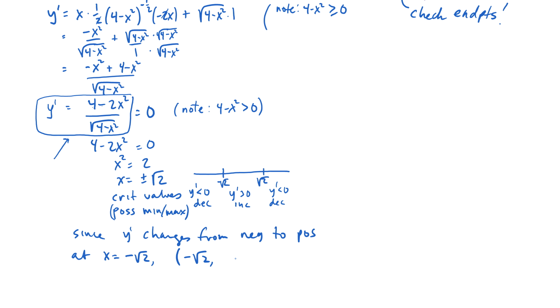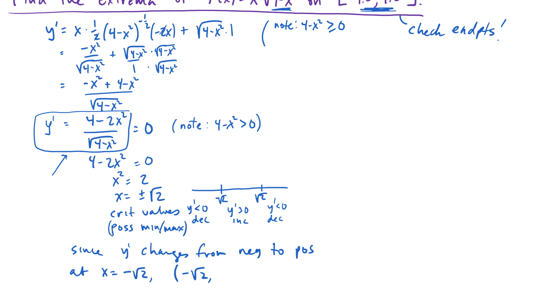How do you figure out the y value? You plug it into the original function, and you get negative square root of 2 plus square root of 4 minus 2, which is square root of 2, so you get 0. Actually, negative 2 is a relative minimum. I might end up changing that to absolute minimum, I don't know, but for sure it's a relative minimum.